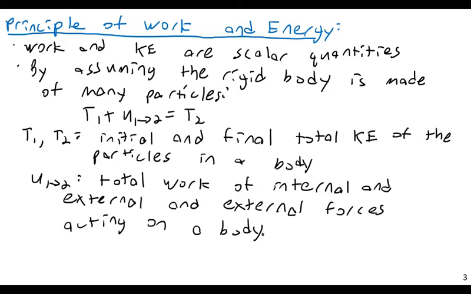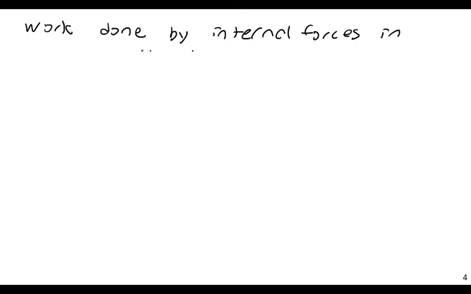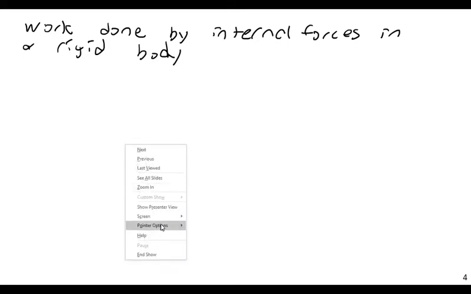Okay, so let's consider the internal work of any force on a body. Internal forces inside a rigid body, or work done by internal forces in a rigid body. All right, so let's look at a general potato body here.